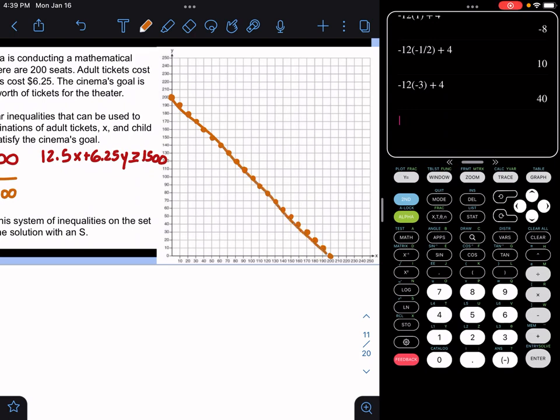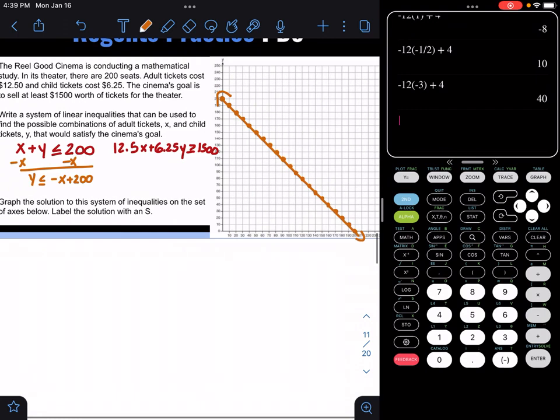Now I'm going to connect these points with a solid line and then shade below.